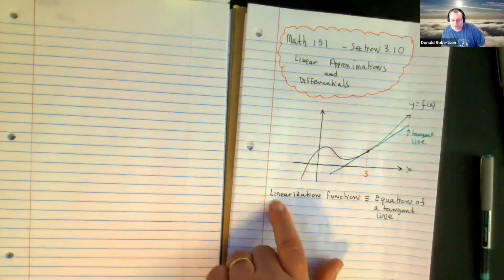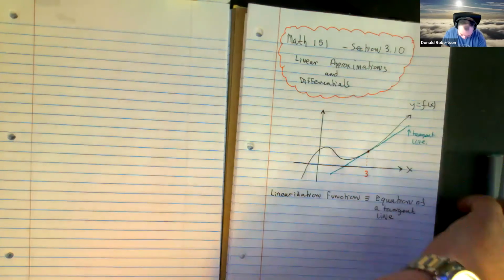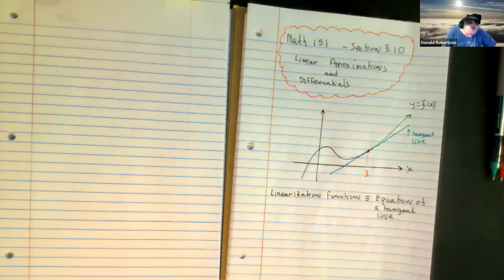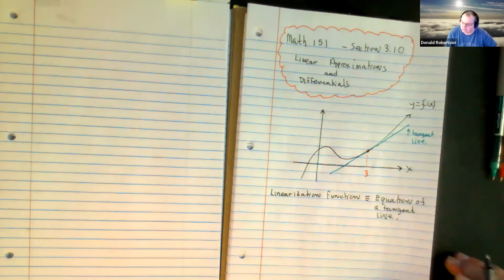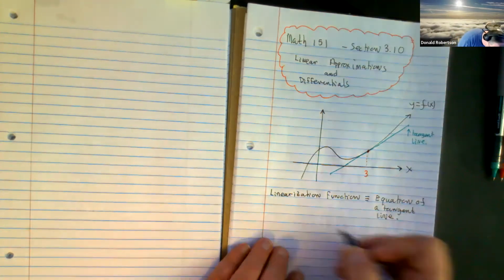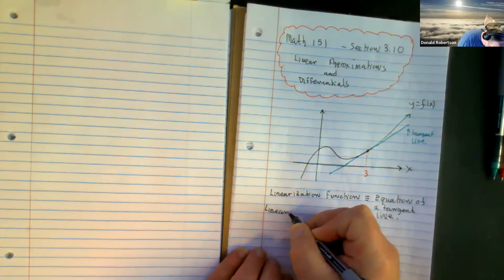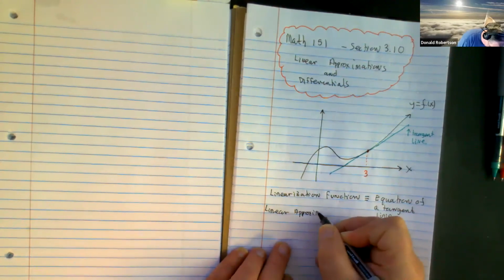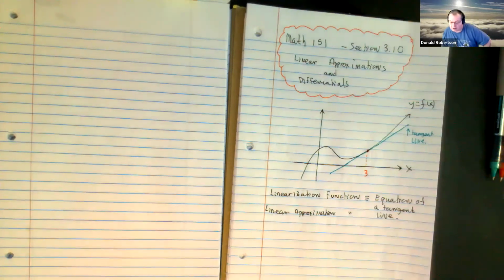Now this function, called the linearization function, has lots of other names. Obviously, it's called the equation of the tangent line, which is probably the best name of them all, but this is another name for it. You will also see it in some textbooks called the linear approximation function, which is actually quite a good name when you find out what it gets used for.